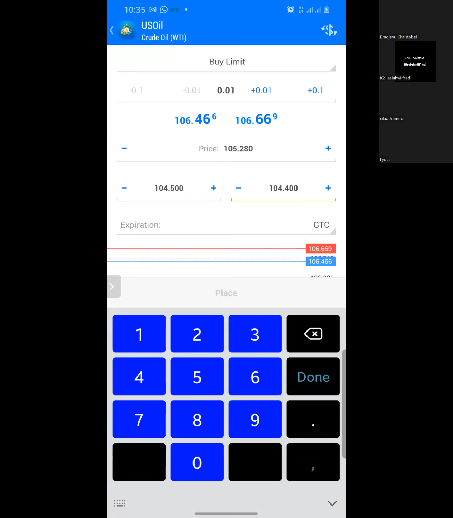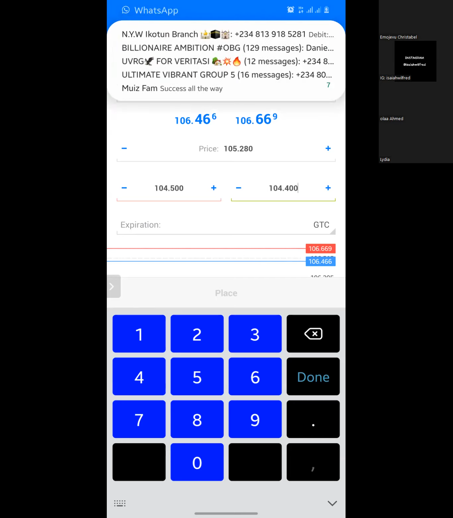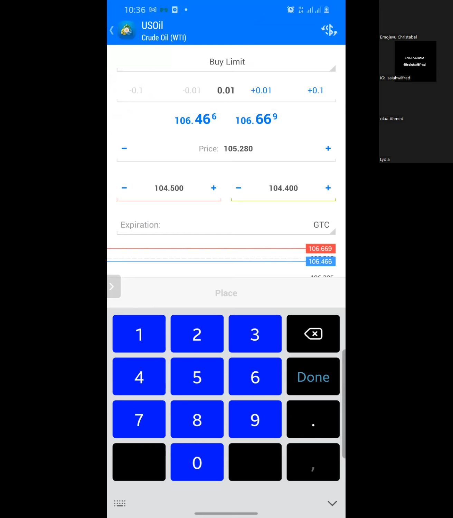Your stop loss is 104.500. If the market is buying, your take profit is supposed to be above. So now what we have here is the take profit below the stop loss. It only shows that you're making a mistake, and if you're making a mistake, you're not going to have that place button. But if you type in the correct parameters, 109.080, you're going to see that your place button comes back.